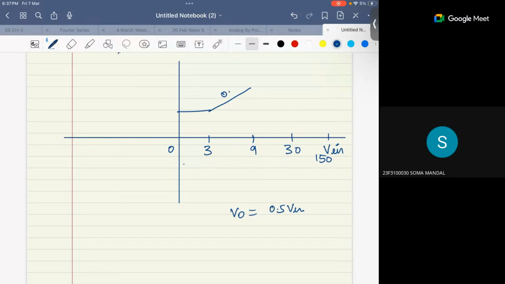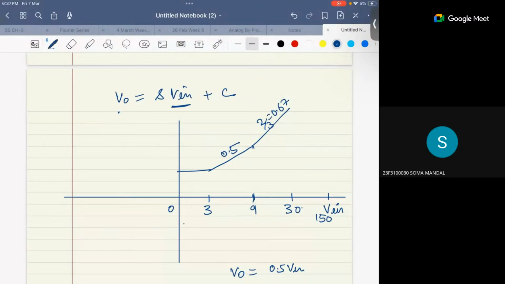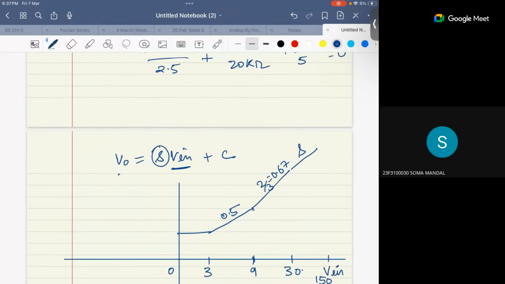From 9 to 30, the slope was 2 upon 3, that is 0.67. And from 30 to 150, there was some slope S that I have written here.